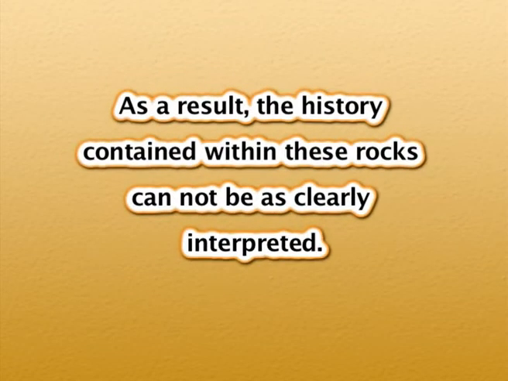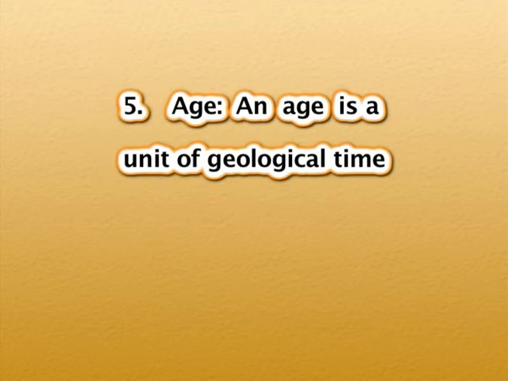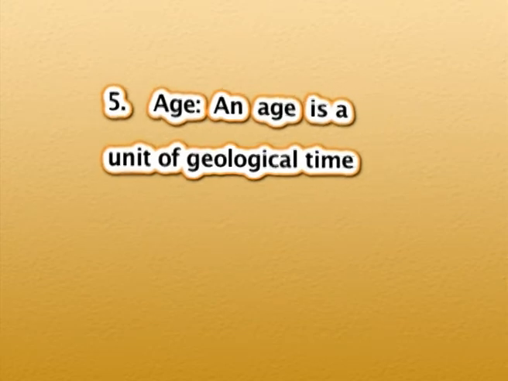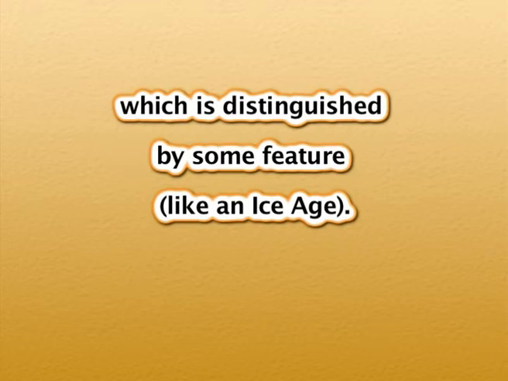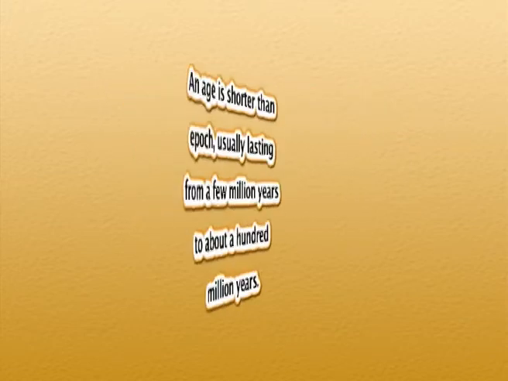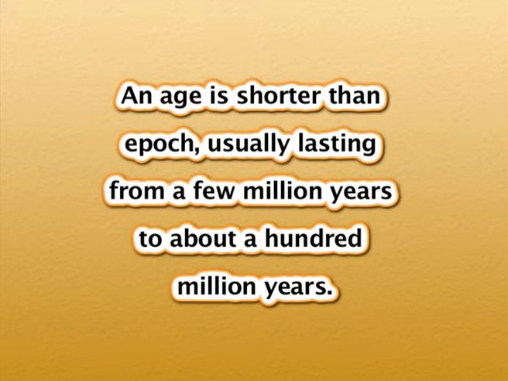As a result, the history contained within these rocks cannot be clearly interpreted. Now, age. An age is a unit of geological time which is distinguished by some features like an ice age. An age is shorter than an epoch, usually lasting a few million years to about 100 million years.